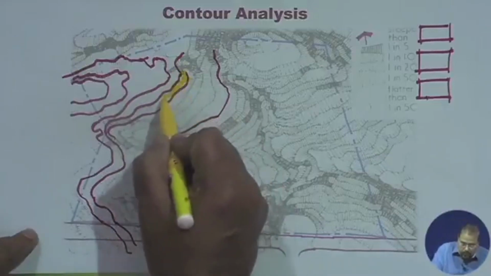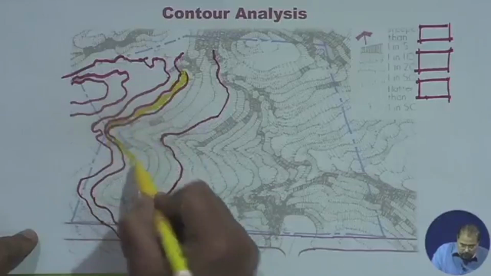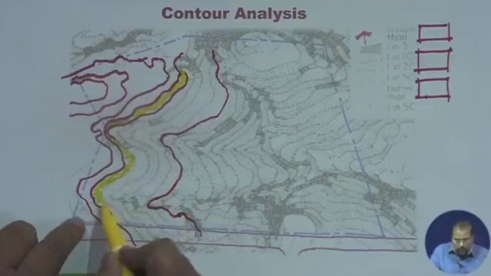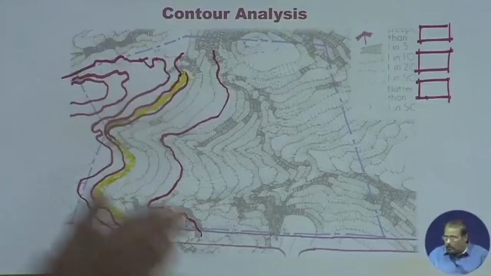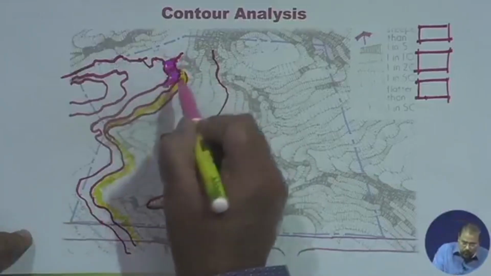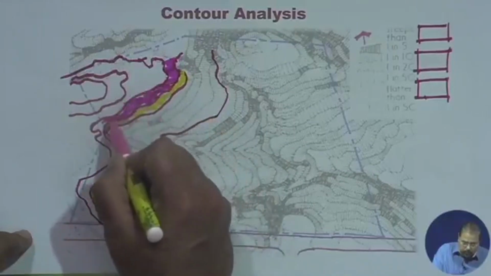Say this one is yellow color. This plate, wherever it is going, is the yellow color, and the other plate is a pink color, with whatever available colors I have.